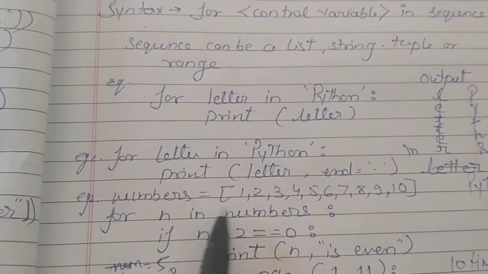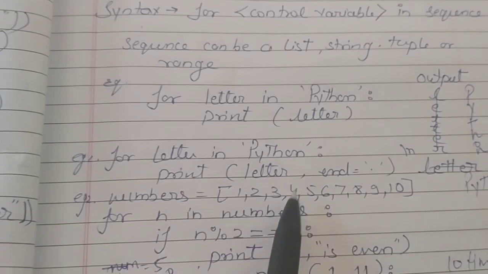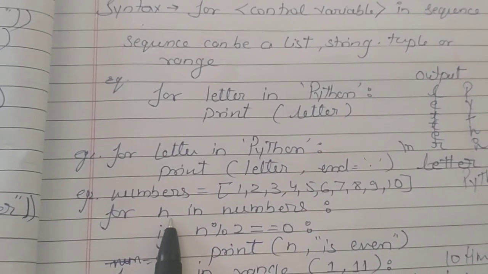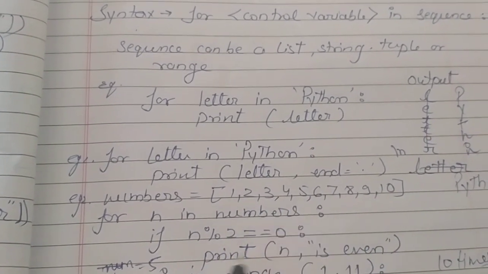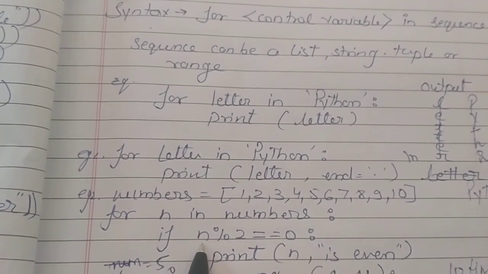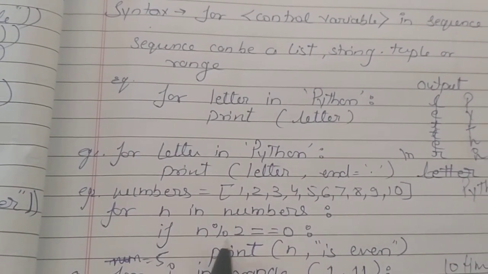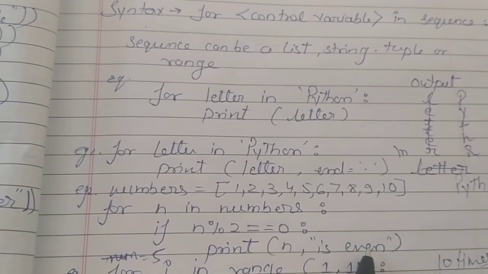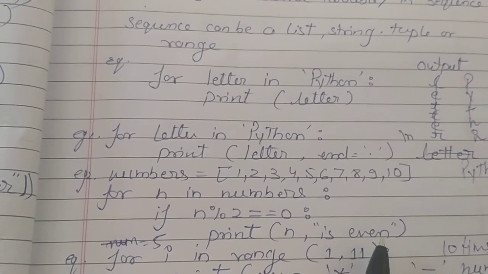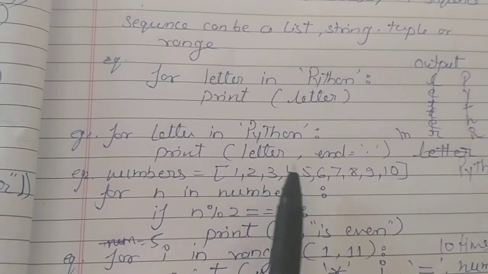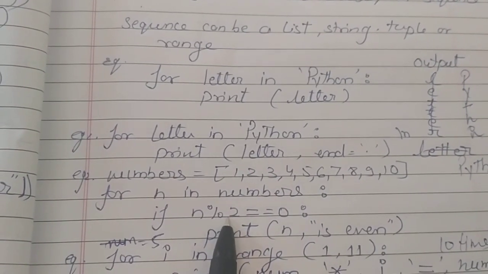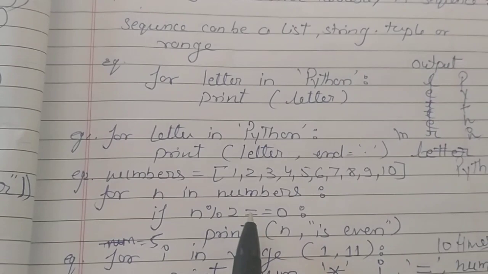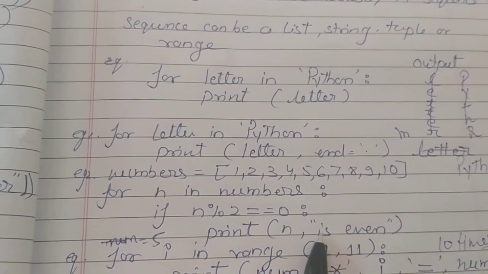For n in numbers means n is set on this list. If n, the first element, modulus 2 is equal to 0, print n is even. So n is going to go to each element and check it for even. If this condition is true, it will print even, like this.